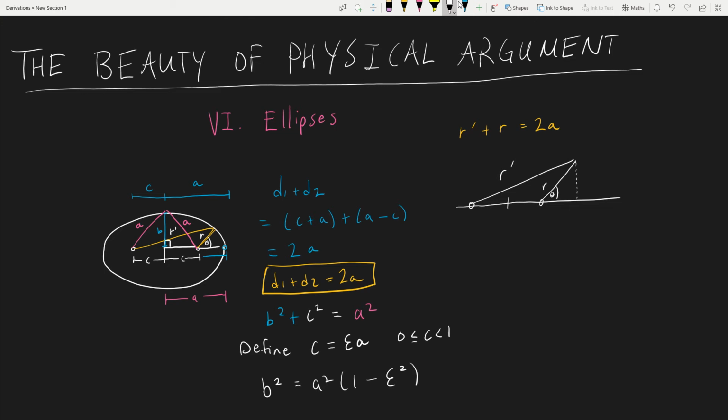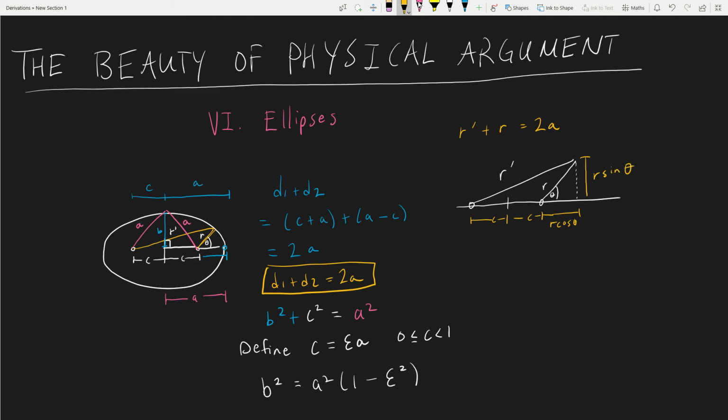This length here is c, and this is c. And then this length here is r cosine theta, because you're taking this radius r and transposing it down. This length here is r sine theta.